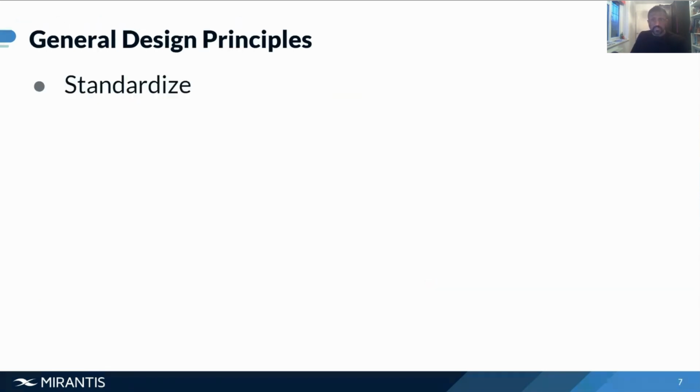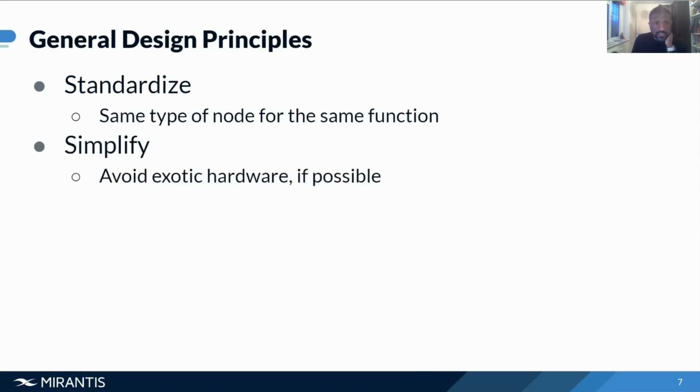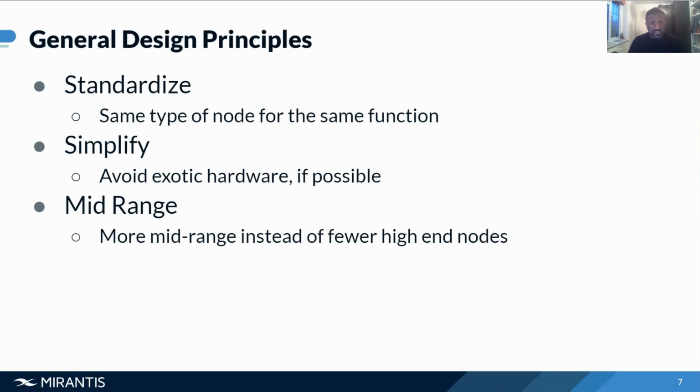General design principles. Standardization is very, very important when it comes to an on-premise cloud environment. Simplification as well. Avoid any type of exotic or unique hardware configurations if possible. Go with more mid-range nodes instead of fewer high-end nodes. Again, it's back to the same point that I made with the exotic hardware.